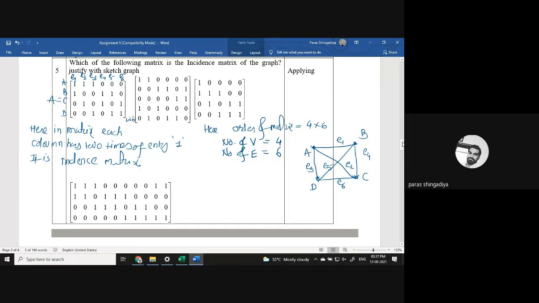Any problem in any of the examples? You can easily see that each column has two 1s, in each matrix, so it is always an incidence matrix. So just try all these matrices.